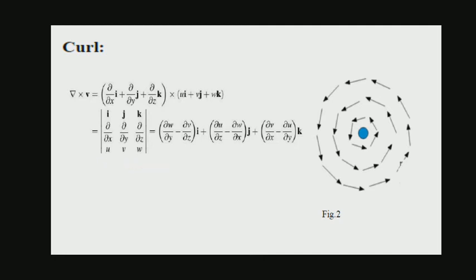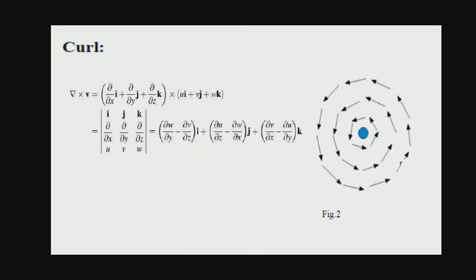So, for i, into cross product del w divided by del y minus del v by del z into i.